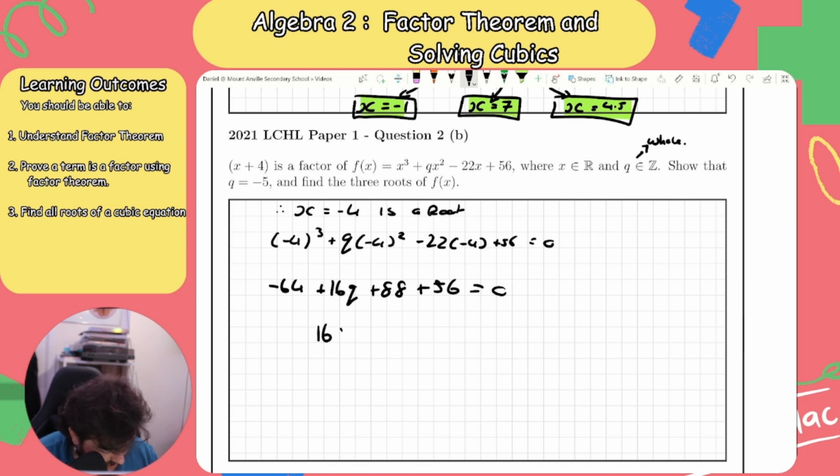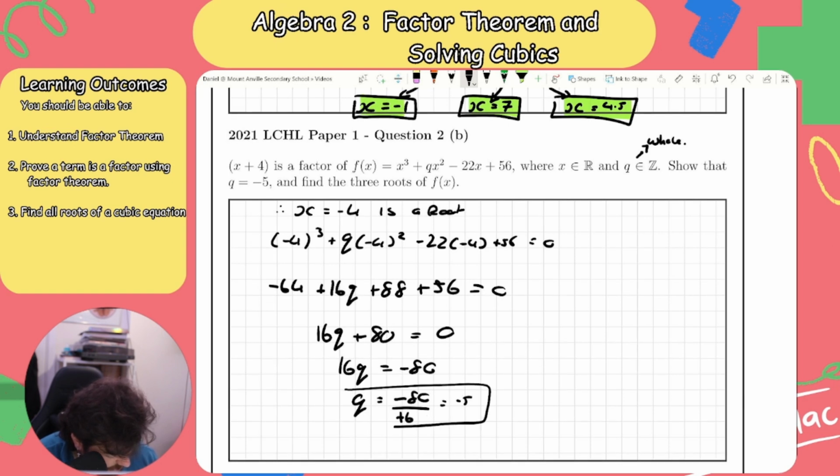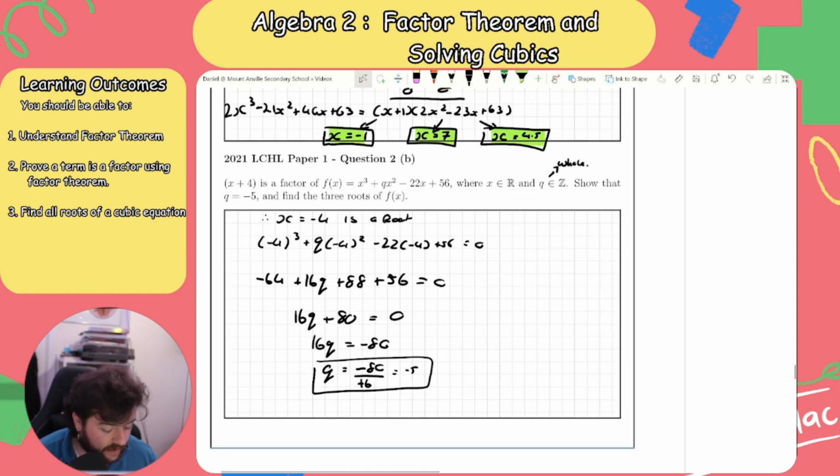I'm going to get 16q is equal to minus 80. 16q is going to be equal to minus 80. q then is going to be equal to minus 80 divided by 16, which is minus 5. So therefore, I've proven that q is equal to minus 5.